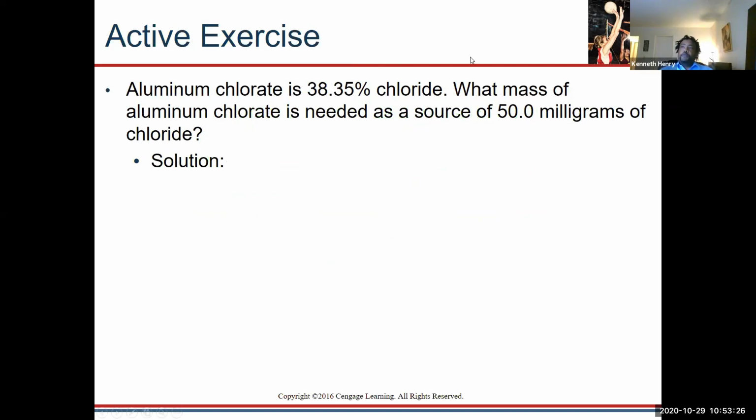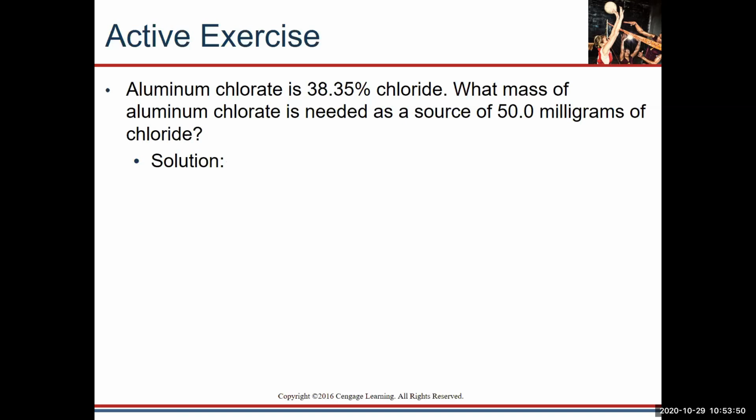Okay, aluminum chlorate is 38.35% chloride. What mass of aluminum chlorate is needed as a source of 50.0 milligrams of chloride? You start with a given. Okay, so which one? 38.35.